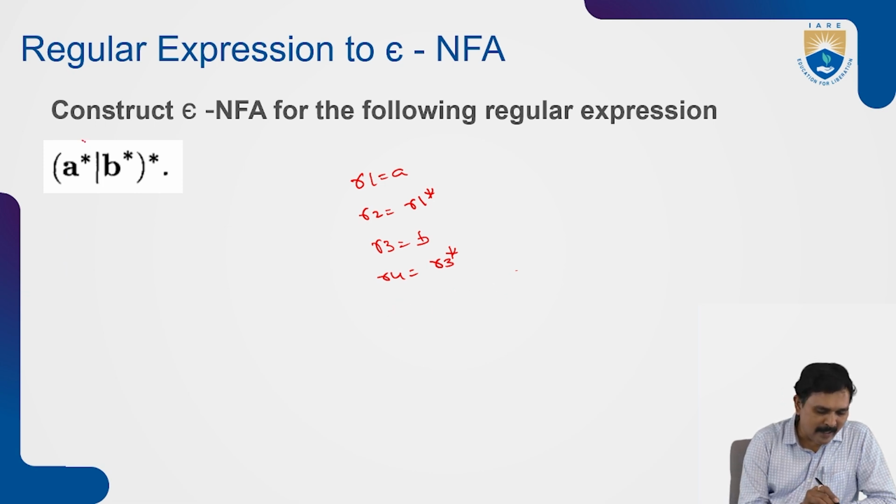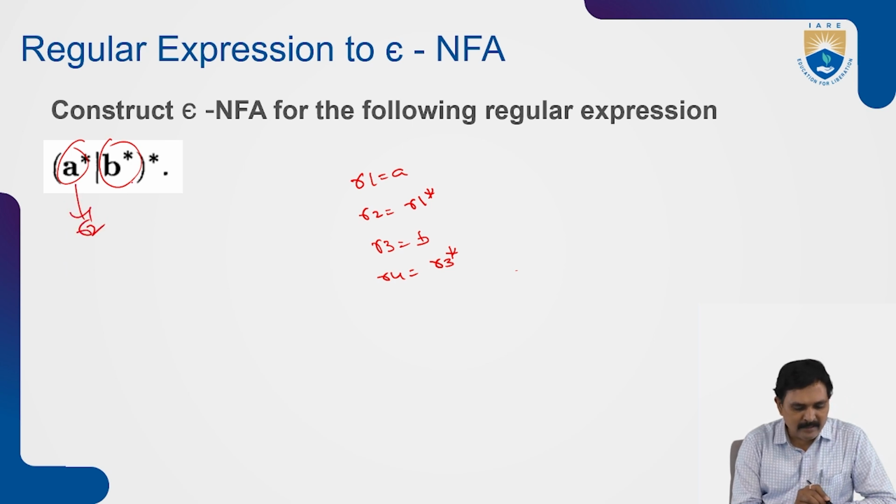So this is A star slash B star. A star you can define as R2, and B star as R4. So now I'm writing R5 equal to R2 slash R4.